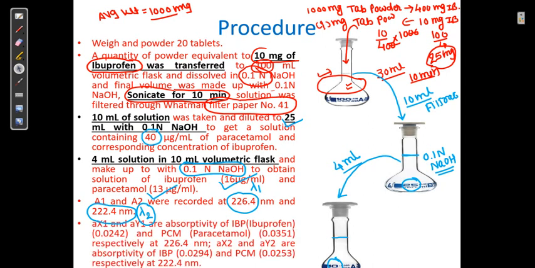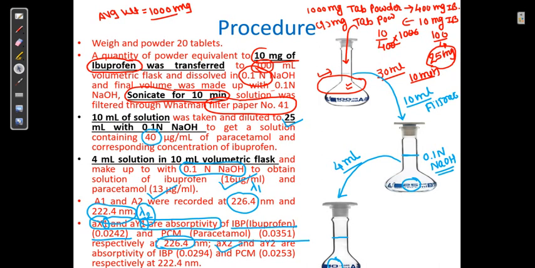AX1 and AY1 are the absorptivities. These values are already given to you. Here AX1 for ibuprofen is 0.0242 and for paracetamol it is 0.0351, respectively, at 226.4 nanometer. We have taken 226.4 nanometer as wavelength 1.